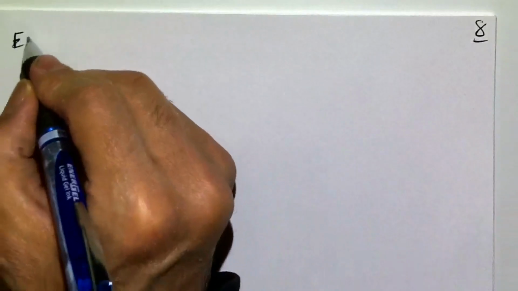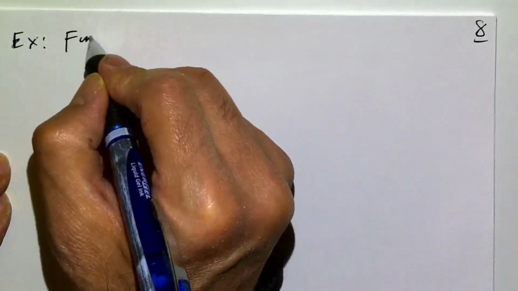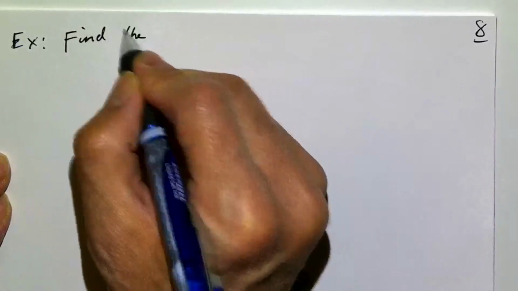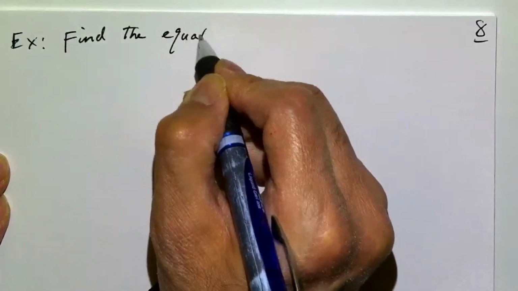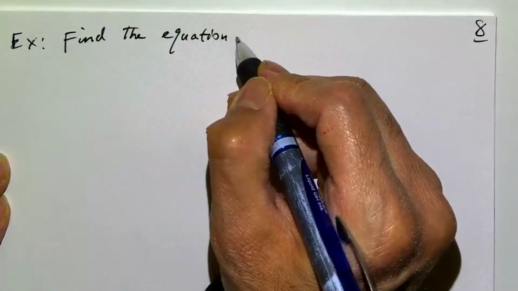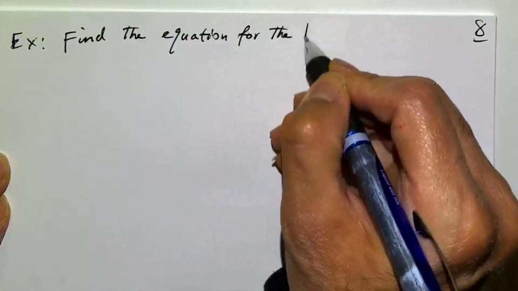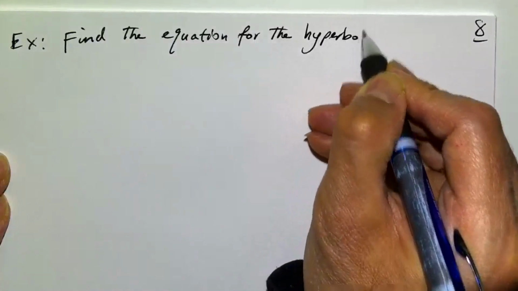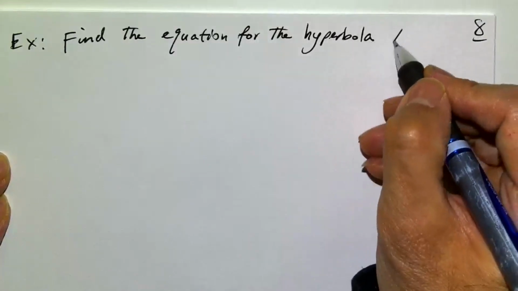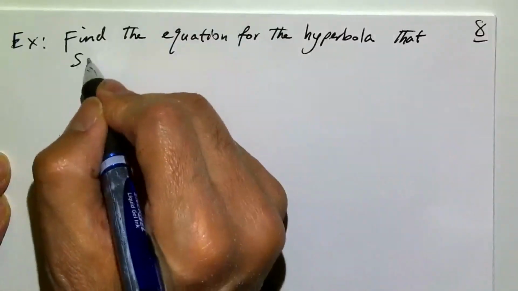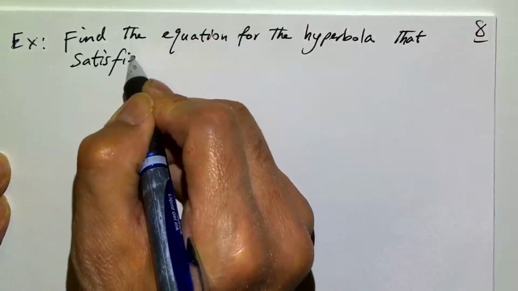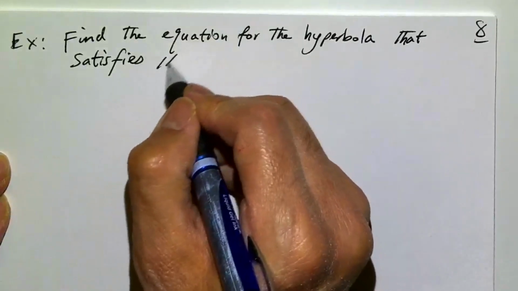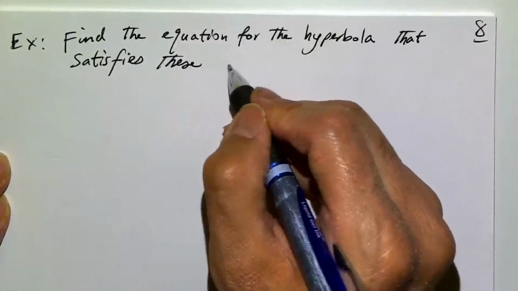Another example, let's do another example here. We want to find the equation for the hyperbola that satisfies these conditions.